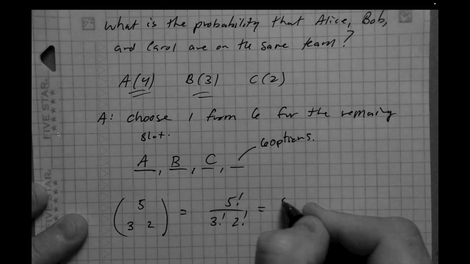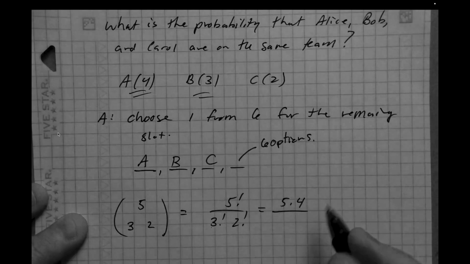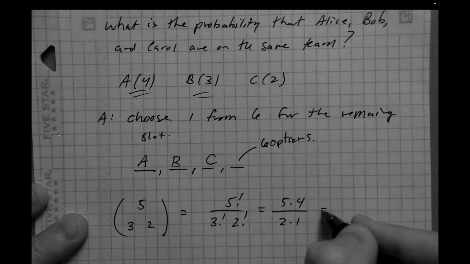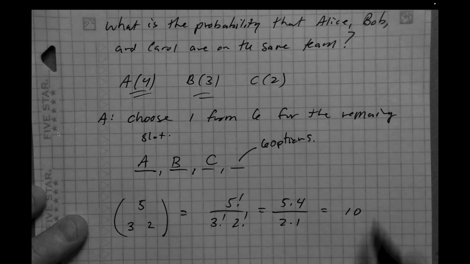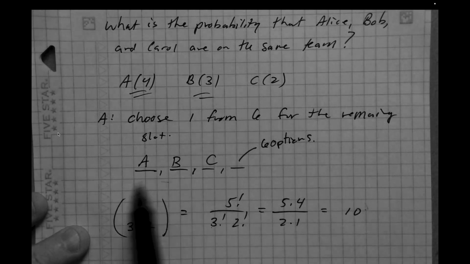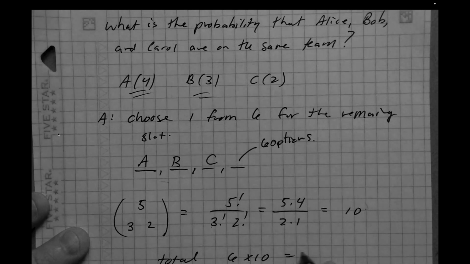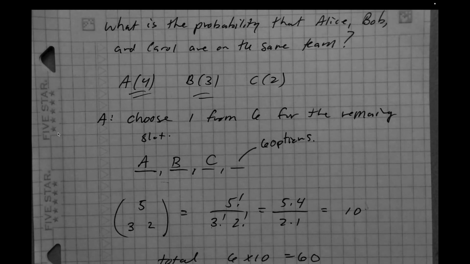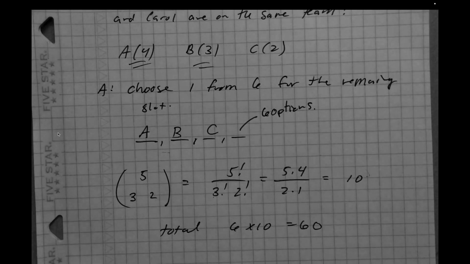And that, of course, is 5 times 4, canceling with the 3 factorial here, and then I've got 2 times 1, so that's really 10. 5 times 4 is 20, divided by 2 is 10. So there's 10 ways to break up the remaining 5, and I've got 6 options here. So the total is 6 times 10, 60 ways that Alice, Bob, and Carol could all be on team A.